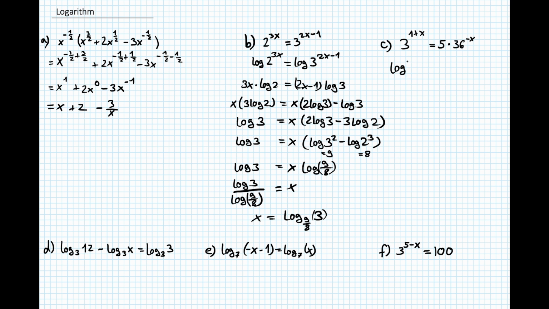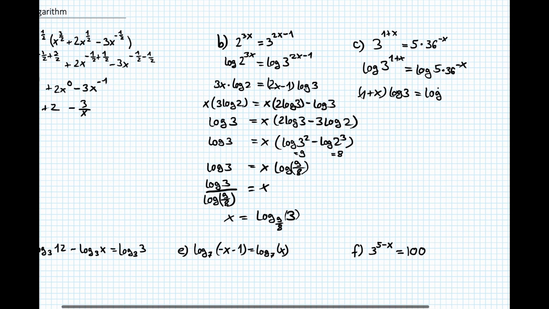Let's take to the base of 10. Okay, now this part here, the exponent, goes in front, and we're left with log 3. And then this one, first let's write it as 2 expressions.